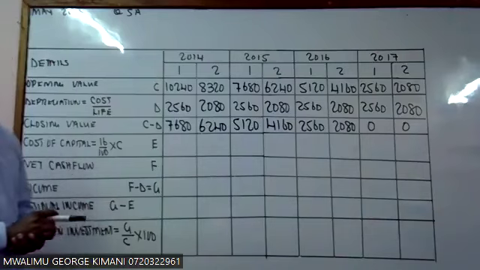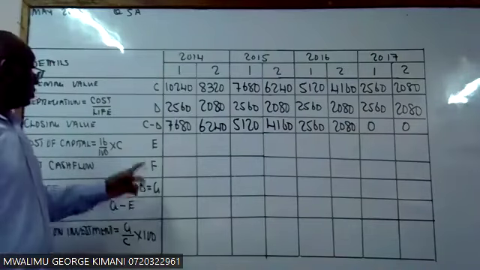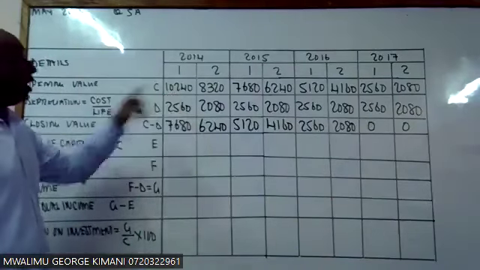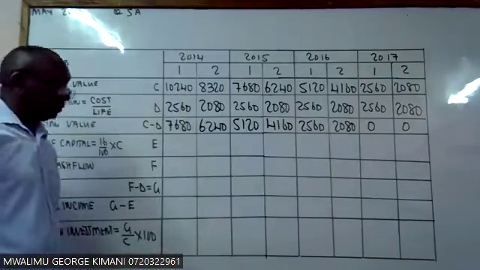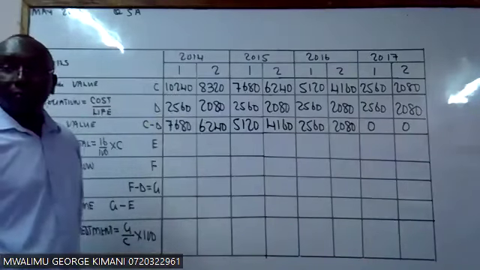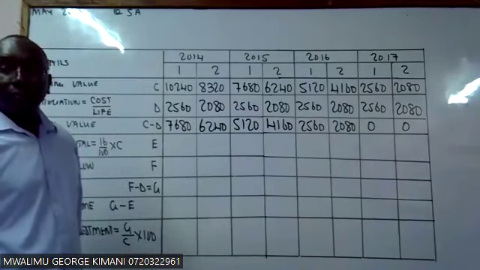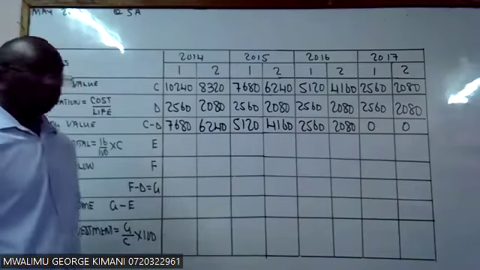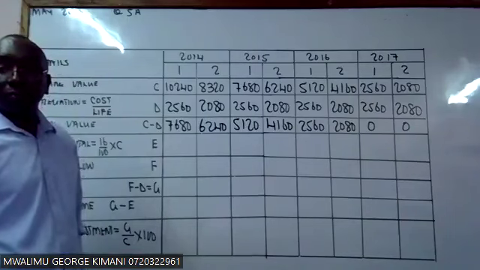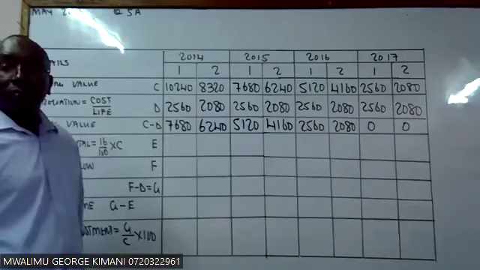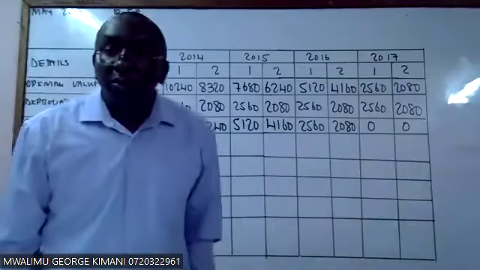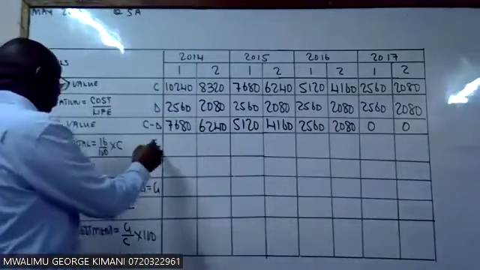Let's get the cost of capital. 16% of 10,240 is 1638.4.